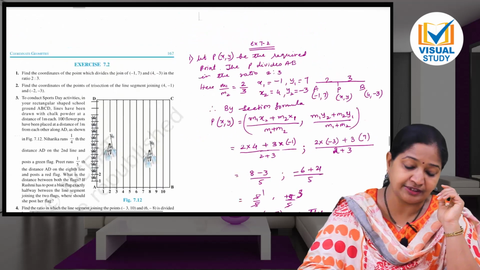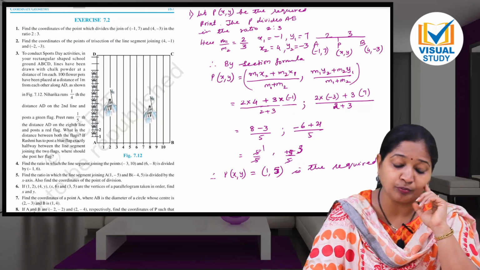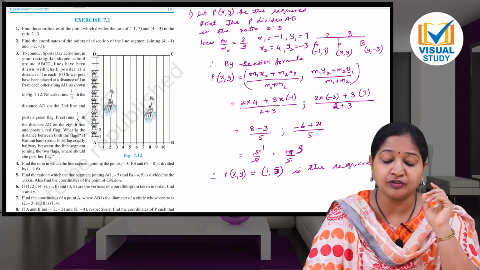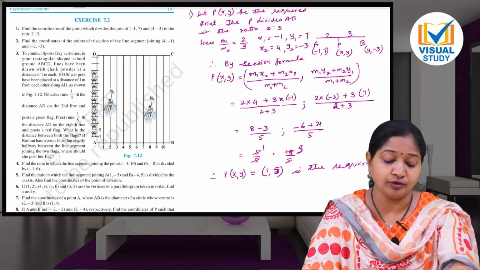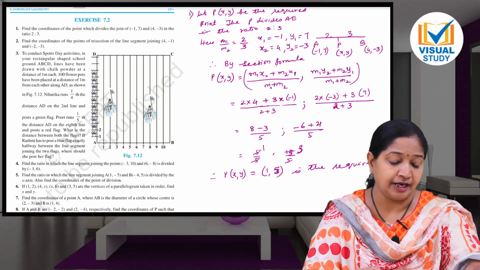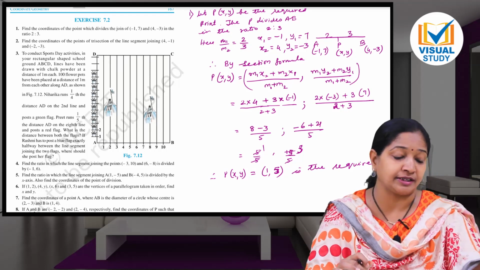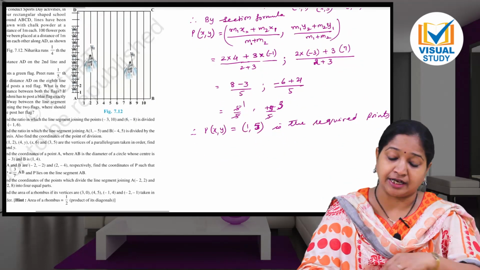Okay. What will be our second one? Find the coordinates of the points of trisection of the line segment joining 4, -1 and -2, -3. Trisection. Now what is this trisection?